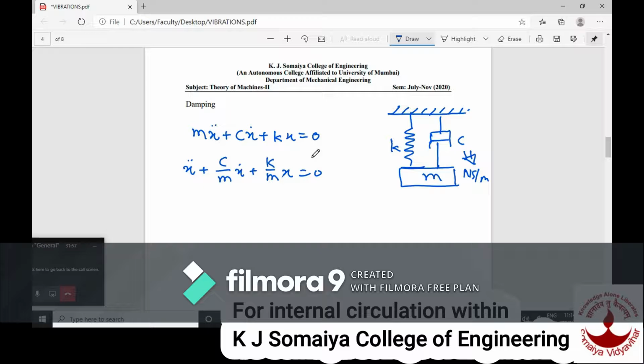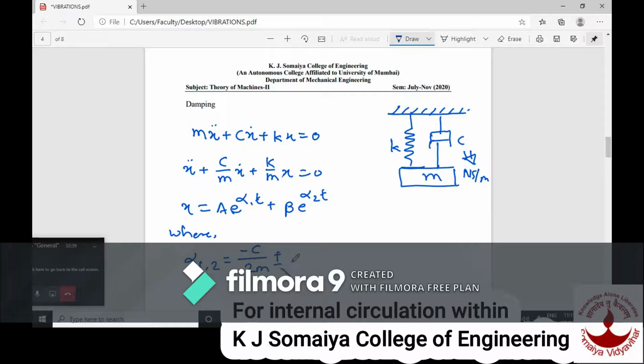Now this is a form of second order differential equation, and the solution for this equation can be written as x equal to a e raised to alpha 1 t plus b into e raised to alpha 2 t, where a and b are constants and alpha 1 and alpha 2 can be determined as minus c by 2m plus minus.